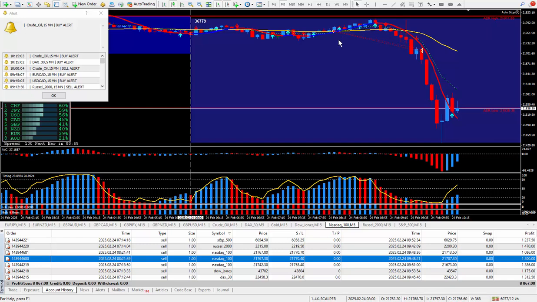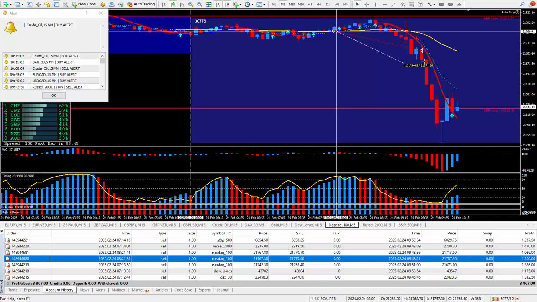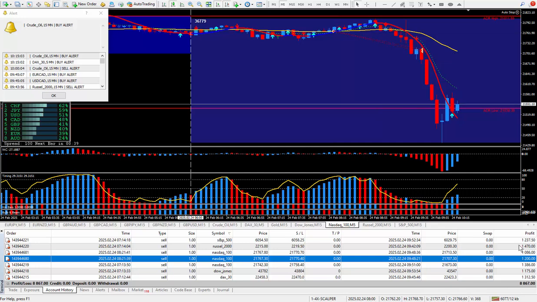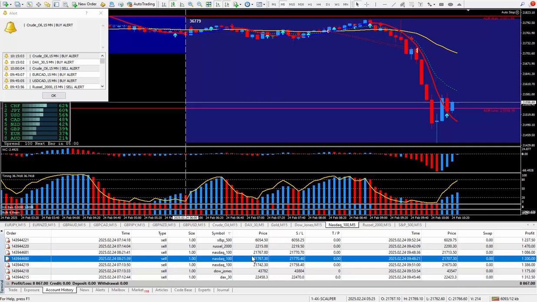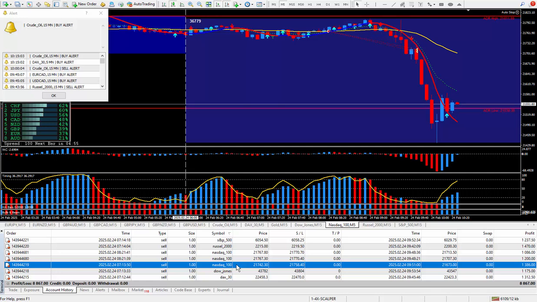So I got in at this point right here. As soon as the cursor pops in. There we go. Closed it out at this point. Looking for 60. There it is right there. 60 ticks paying out $1,200.